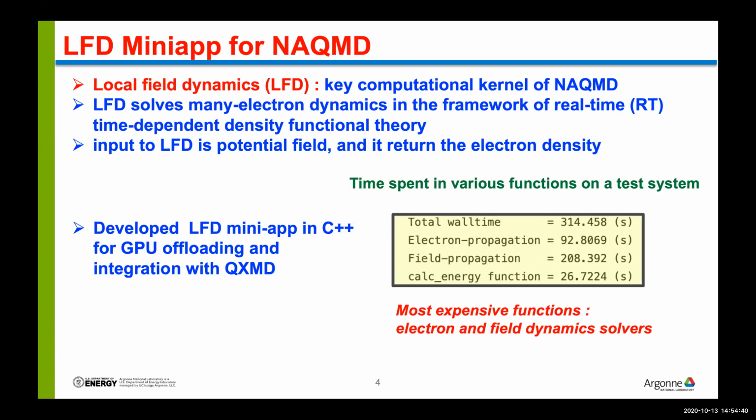The yellow highlighted section shows the timing of the initial LFD C++ mini app, where we observe that the most computationally expensive functions in LFD are the electron and field dynamic solvers. We first looked at the function electron field solver, and our objective here was to refactor this function first and then offload it to GPU.